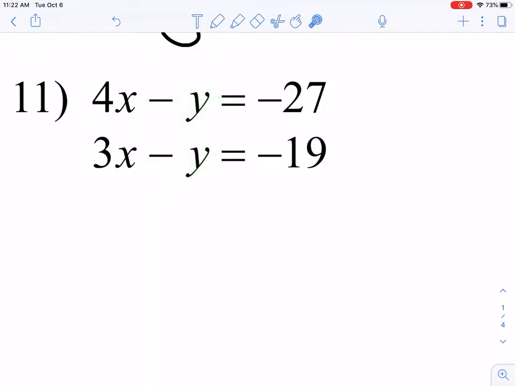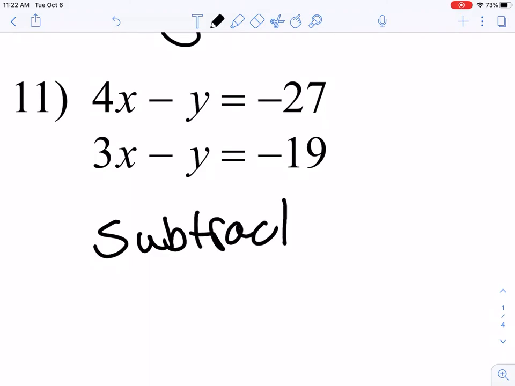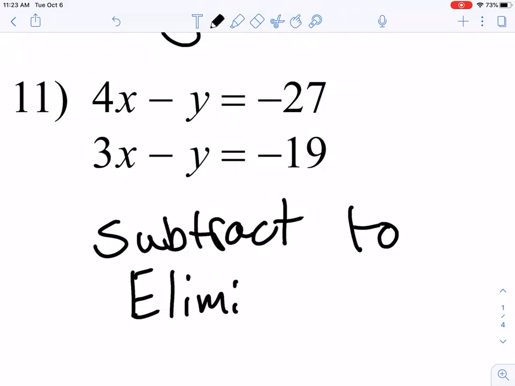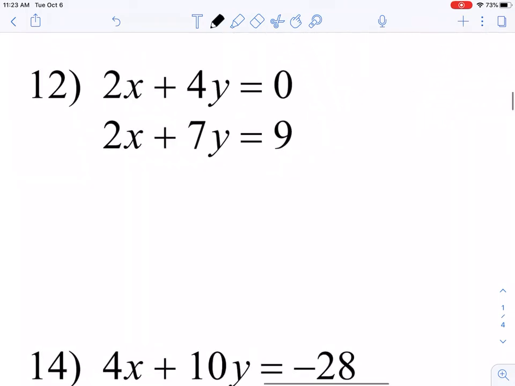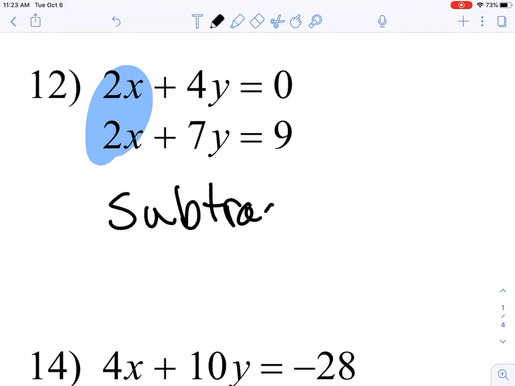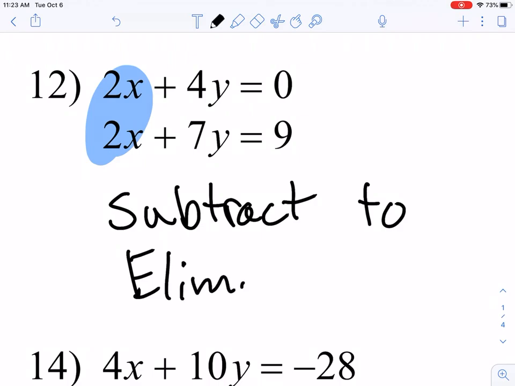So when they're the same signs, we need to subtract one from the other to eliminate y. Our y's would go away. Again, same signs mean we need to subtract to eliminate our x values.